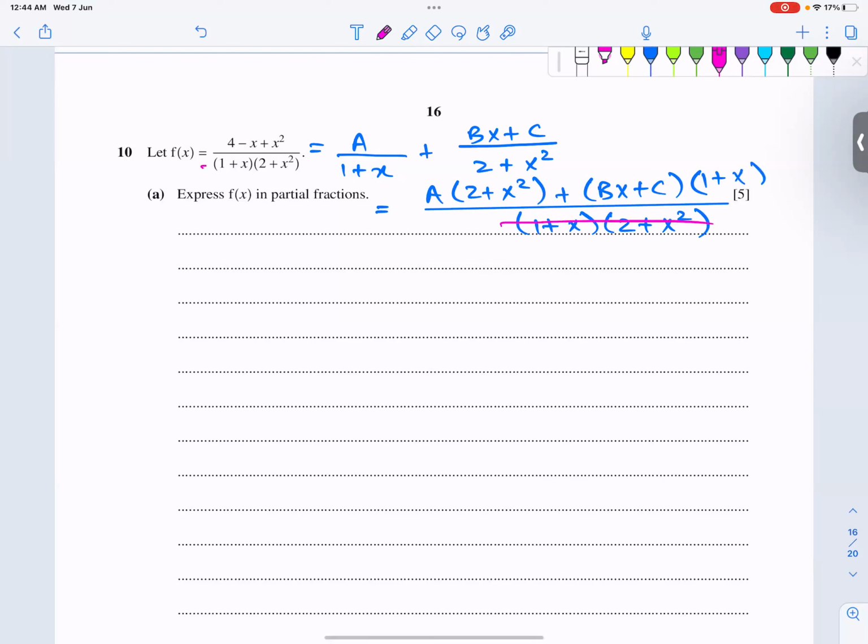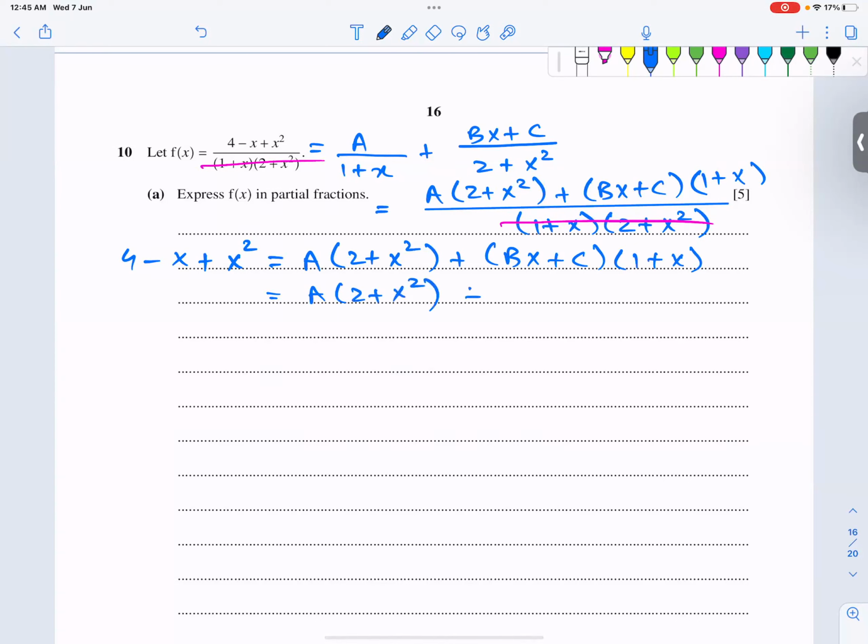So now you can cancel these brackets, and finally you will have 4 minus x plus x squared equal to a times 2 plus x squared plus bx plus c into 1 plus x. So also multiply this out. This will be bx plus bx squared plus c plus cx. Okay.